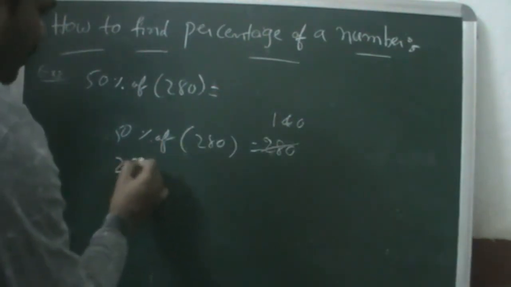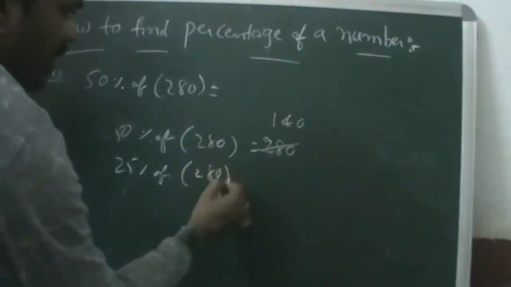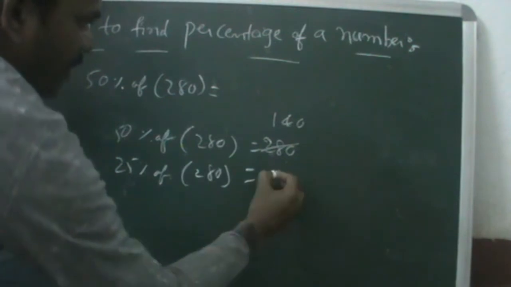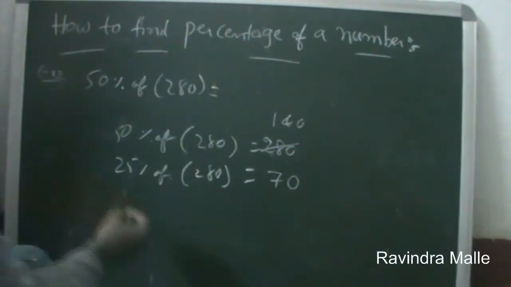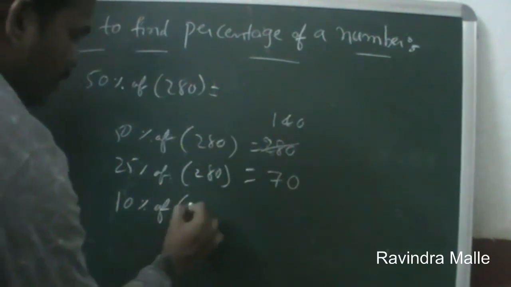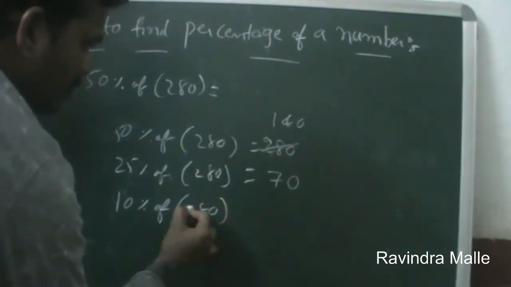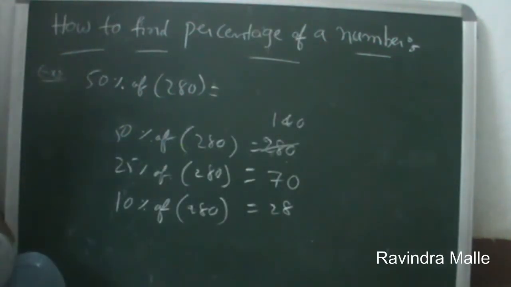If it is 25%, 25% of 280, half of that, that is 70. Got it? And if it is 10%, 10% of 280, it is 28. Got it?